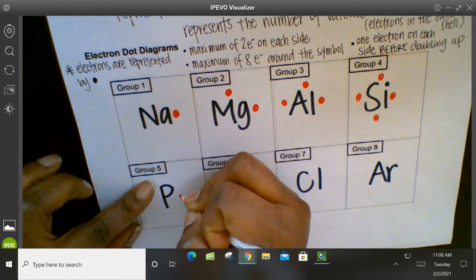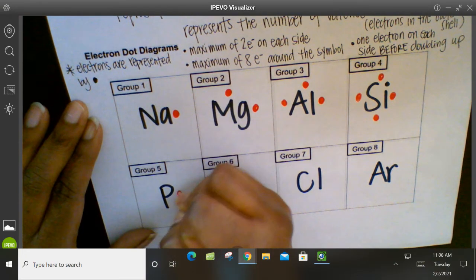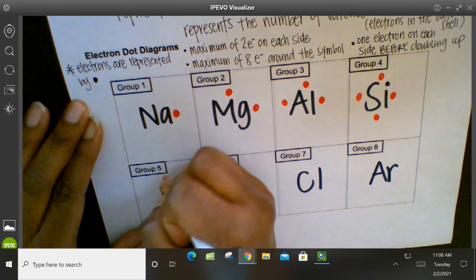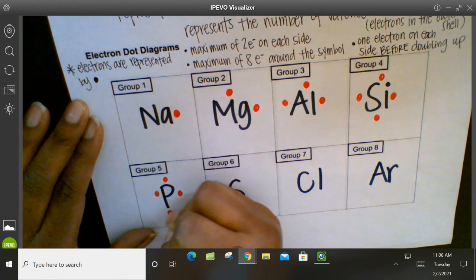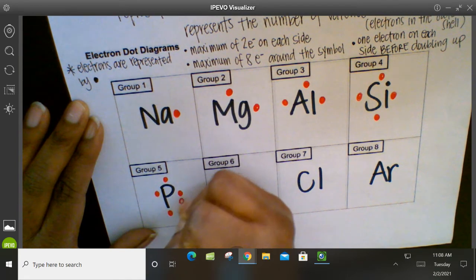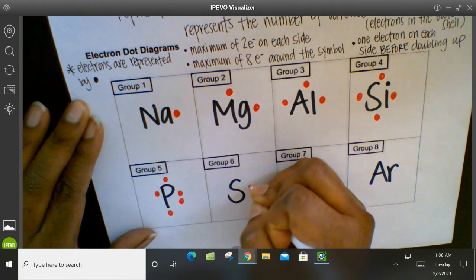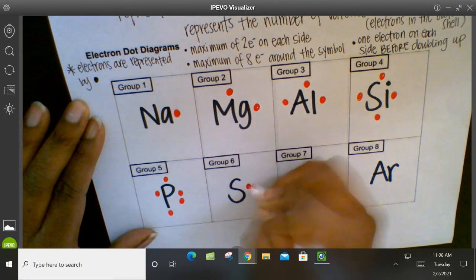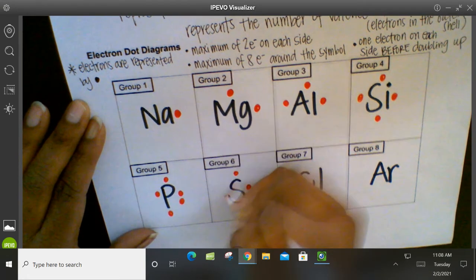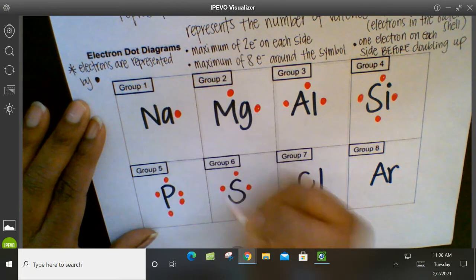Phosphorus, group 5, has 5 valence electrons, so we'll have 5 dots. Sulfur, group 6, has 6 valence electrons, so we'll represent that with 6 dots. Let's get those dots in.